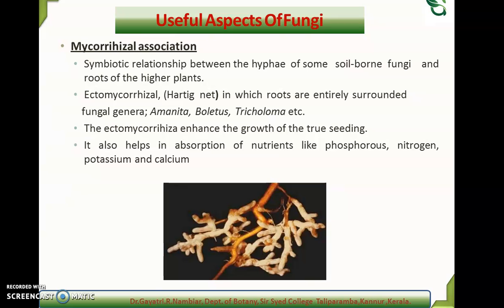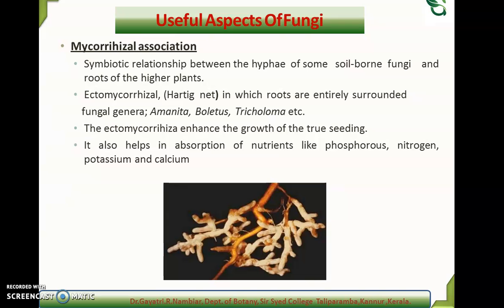There are different types of mycorrhizal association like ectomycorrhiza, endomycorrhiza, ectendomycorrhiza, etc. And there are various fungi that are involved, for example, Amanita, Boletus, Tricholoma, etc. The main function of this mycorrhizal association is helping in the growth of tree seedlings. It helps in the absorption of nutrients like phosphorus, nitrogen, potassium, calcium. That is, absorption of nutrients is mainly carried out by this mycorrhizal association.